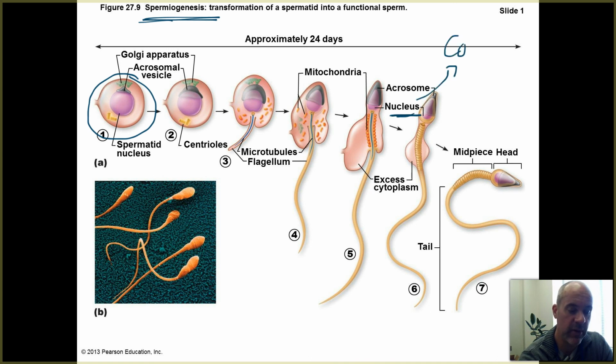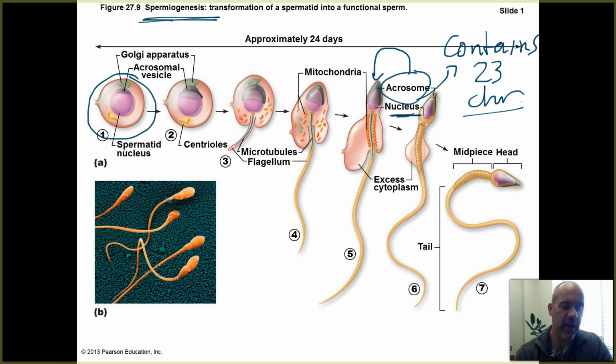That's where your 23 chromosomes are going to be. Then you've got this structure, the acrosome, that looks like a helmet sitting on top of the nucleus of the sperm. One of the things the acrosome contains is enzymes that will help the sperm penetrate the egg cell, which we'll talk about later in the unit when we cover fertilization.